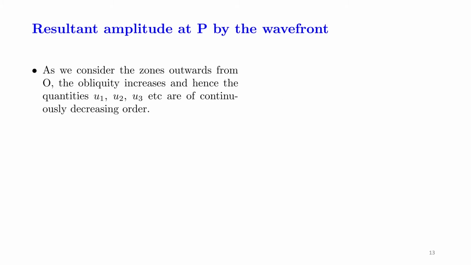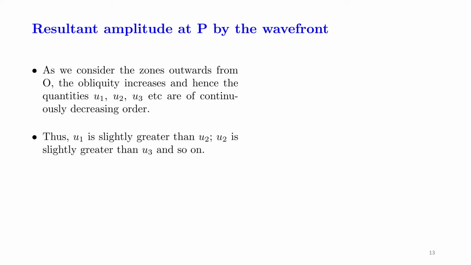As we consider the zones outwards from O, the obliquity factor increases, and hence the quantities U1, U2, U3, etc. are of continuously decreasing order. Thus, U1 is slightly greater than U2, and U2 is slightly greater than U3, and so on.